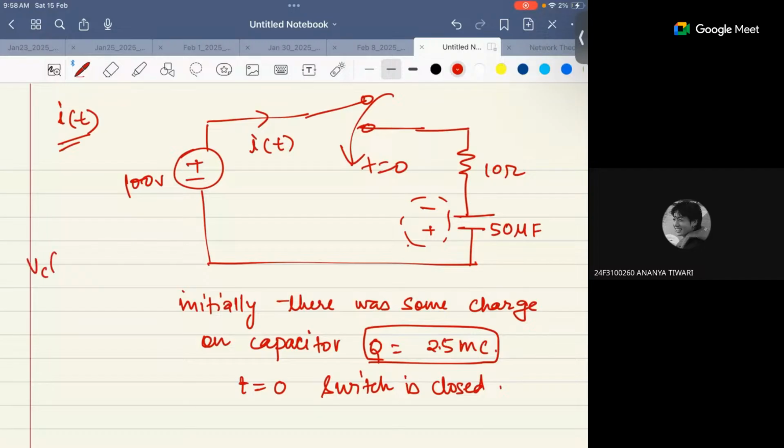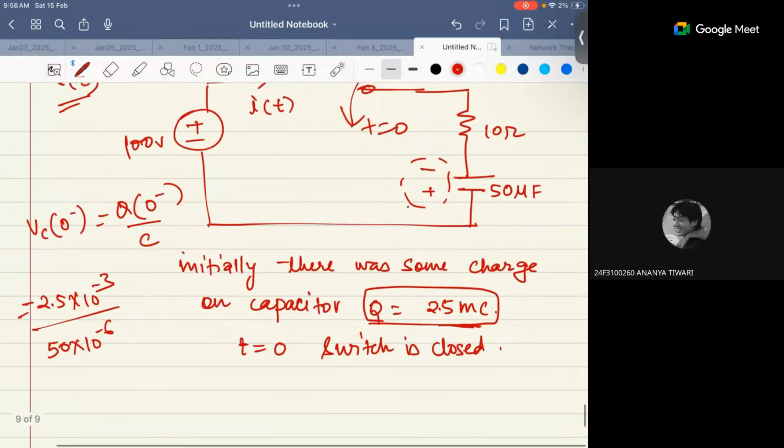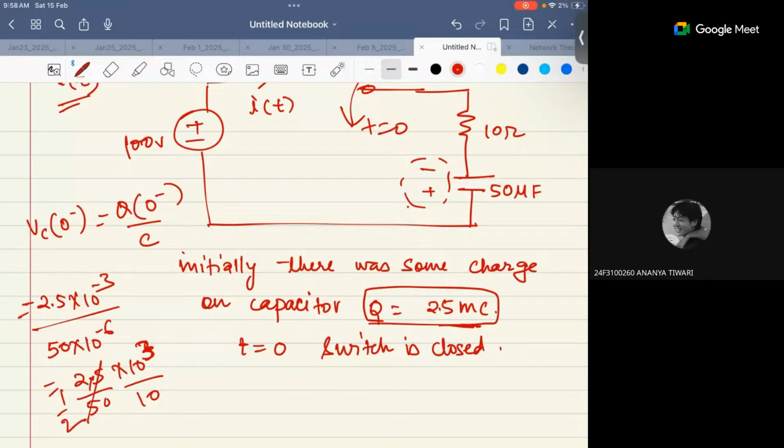Q(0-) upon C. You already have the charge, so that will be 2.5 into 10 to the power minus 3 upon the capacitor, 50 into 10 to the power minus 6. So this will be 50 volt. Correct? So you already have the initial voltage.